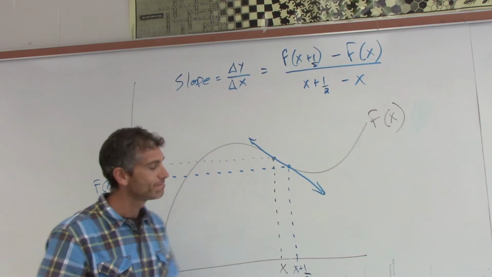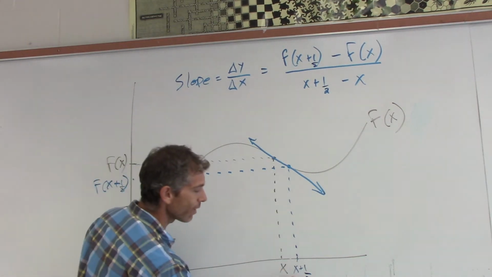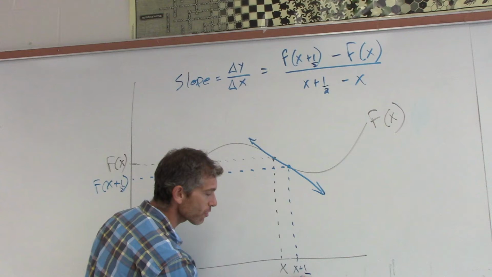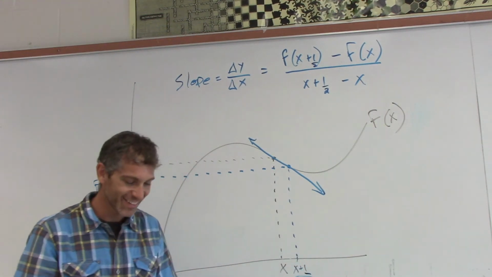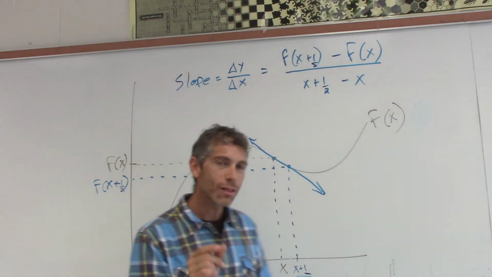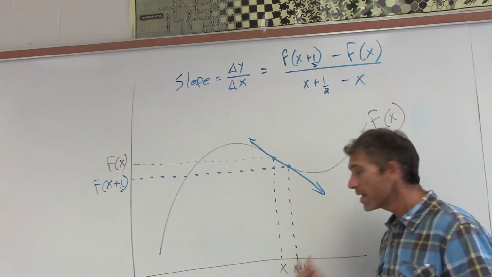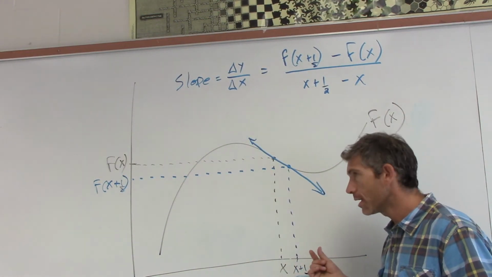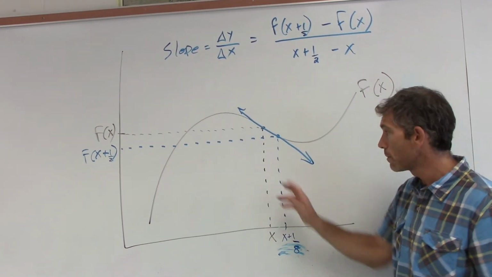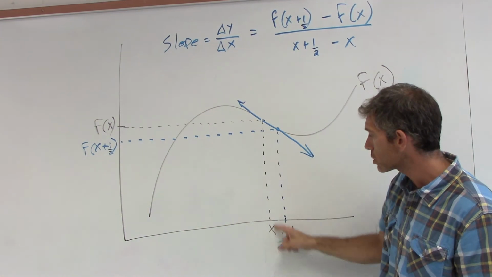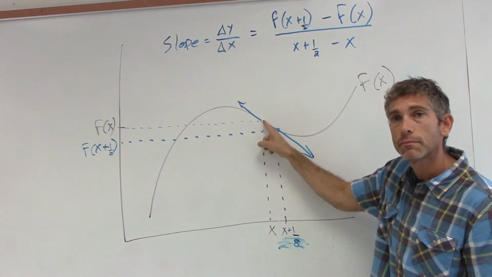Well, why not add a half? Why not add a third, a fifth, an eighth, a millionth, a googleth. What it's all about is picking a point that's infinitely close to our original value. Remember, we want the instant change at that spot.